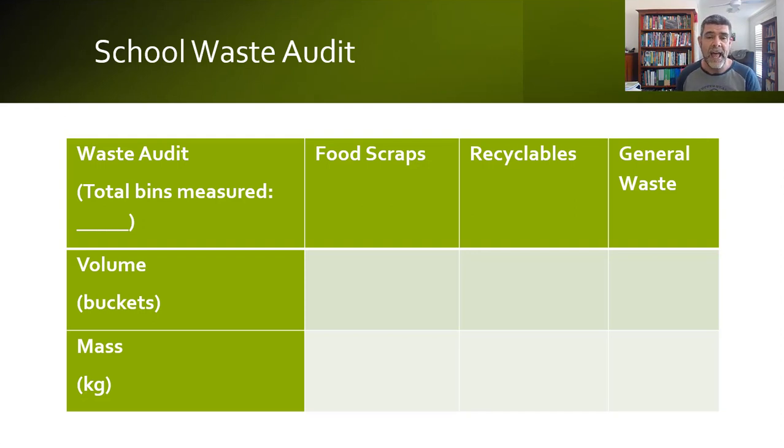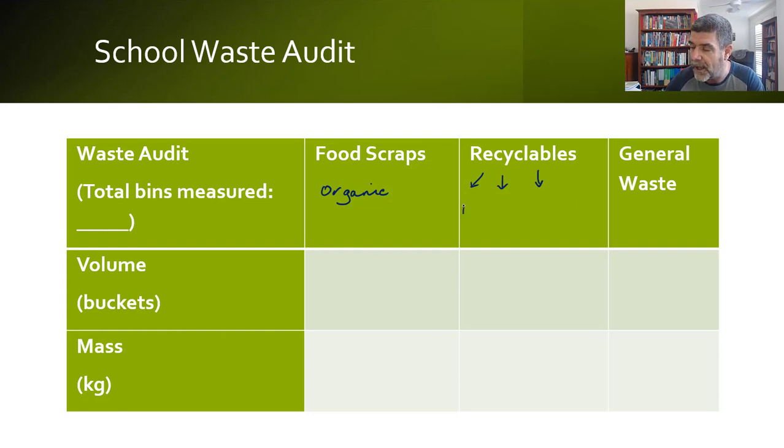So we're going to look at organic waste. Our food scraps would be examples of organic waste, where people have just thrown food away, half-eaten food, or perhaps even food they didn't particularly want. Then any of our recyclables, so we'll just link all of these together, but you could subdivide these depending on how specific you wanted to be in your waste audit.